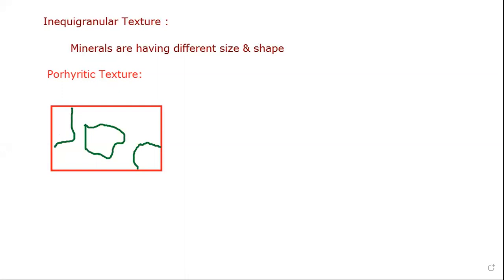Okay, and these are the large minerals and these are some small minerals. काही minerals लहान आहेत, काही minerals असे मोठे आहेत. Okay, so these are the small minerals, some minerals are large.